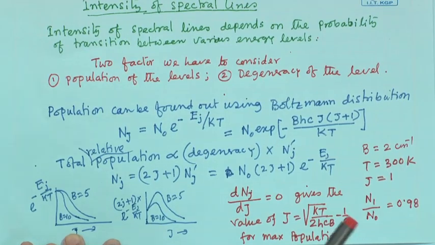Now, at j equal to 1, what is the population?